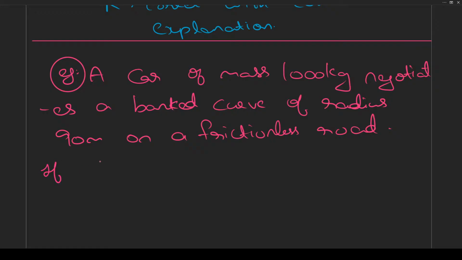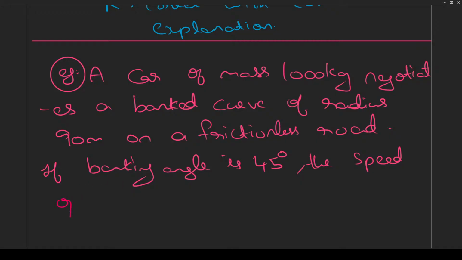If the banking angle is 45 degrees, the speed of the car is. They're saying a car of 1000 kg mass is negotiating a banked curve of radius 90 meter on a frictionless road. If the banking angle is 45 degrees, then the speed of the car is.